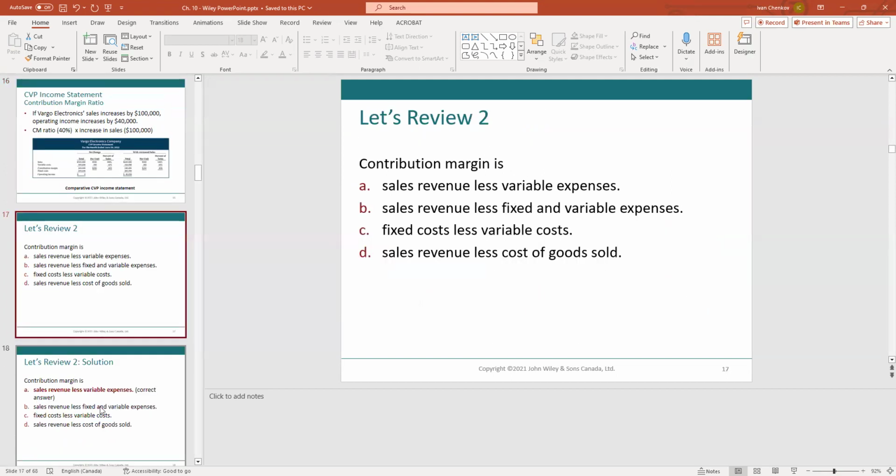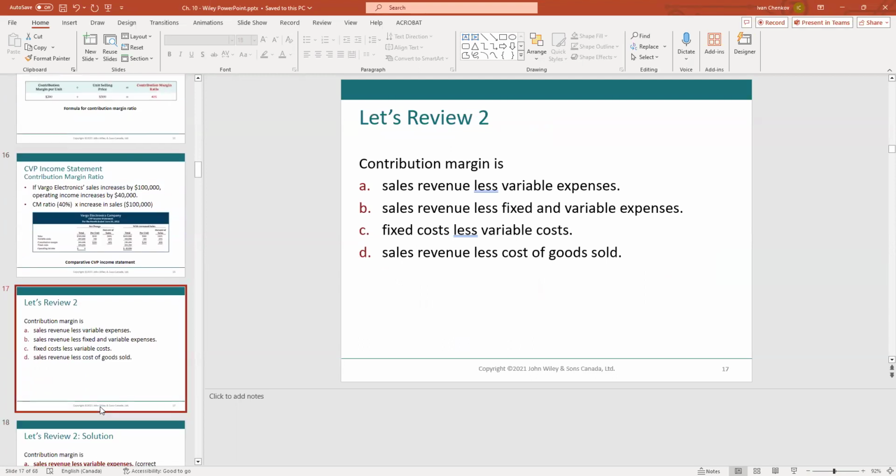Let's see, how are we calculating the contribution margin? Sales revenue less variable expenses. Obviously. As you can see here in the formula, we have only sales minus the variable cost, nothing else.